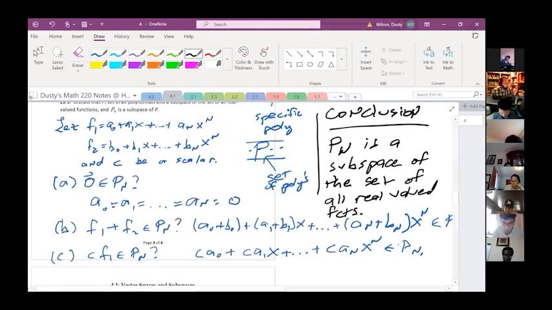Can you give me an example of a type of function that wouldn't form a subspace? At this point, you're like, hey, maybe everything works. So lines, some kinds of lines could work, some kinds of lines might not work. So Ryan, what would be an example of a set of lines that wouldn't work?